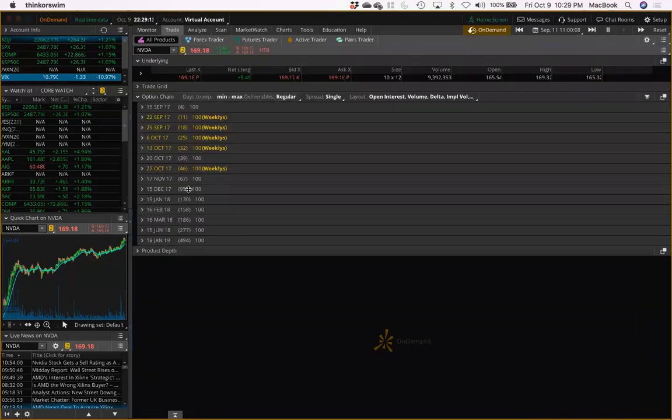Let's go to the trade tab and let's see what we have for options of strikes. And the furthest out we have is January 2019. So this is not quite 2 years in full, but let's go ahead and just run with the numbers that we have and see if we can make something happen.